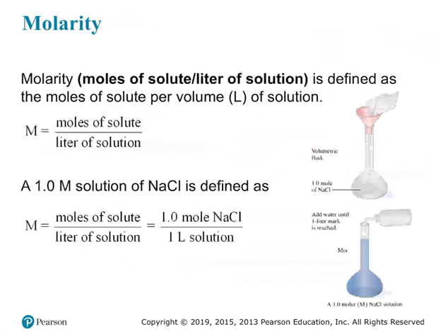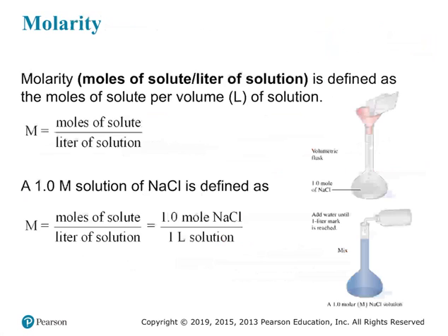Now there's one more concentration that we have to talk about, and this is probably the most important concentration, and that's called molarity. Molarity is what we often use in chemistry to express a concentration, so you're going to see this a lot. We do see the other types of concentrations, but not quite as often as molarity.